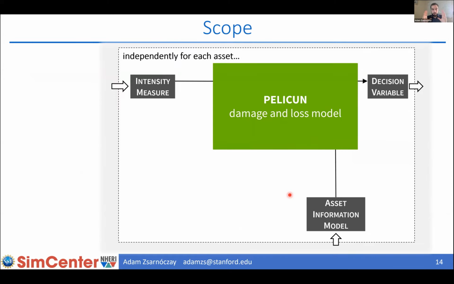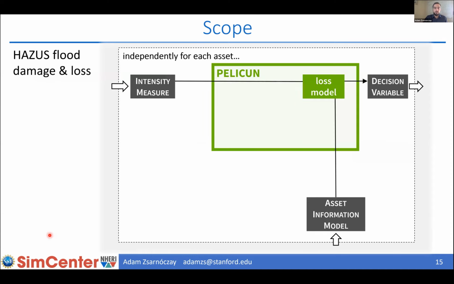So if we look at only that independent part of the workflow, first, we can do this very simple assessment type, going from intensity measure using a loss model that is informed by the asset information to arrive at a decision variable. This is what's done in the flood damage and loss assessment in HAZUS.